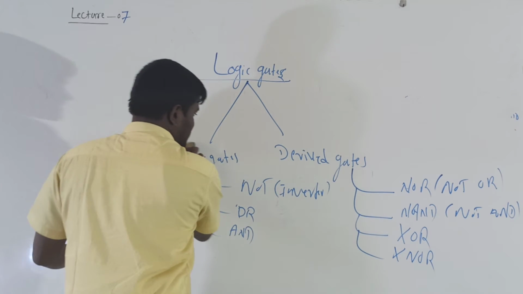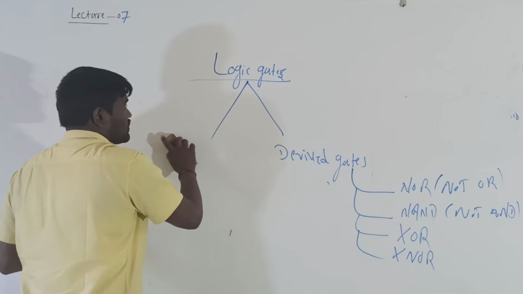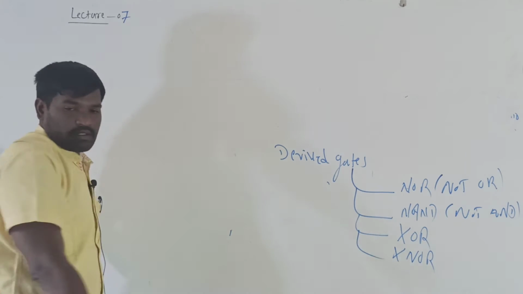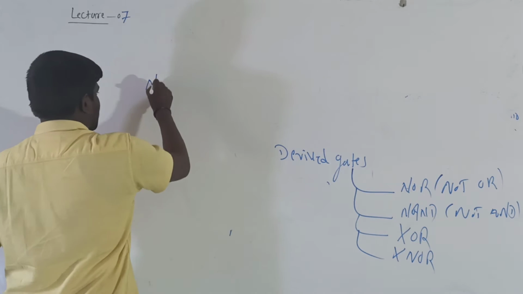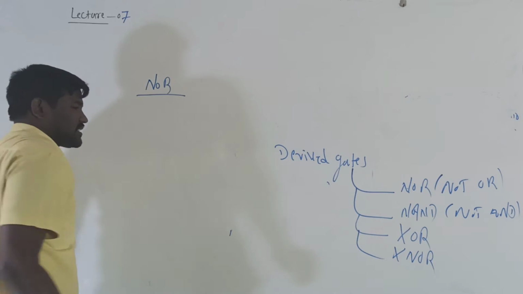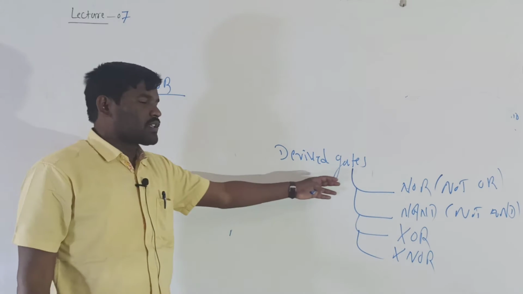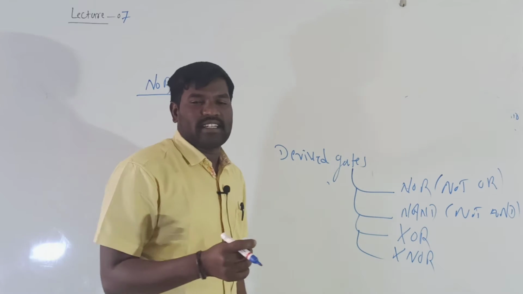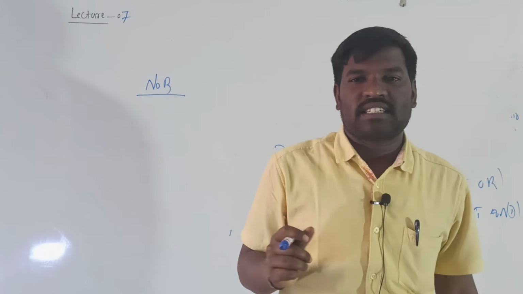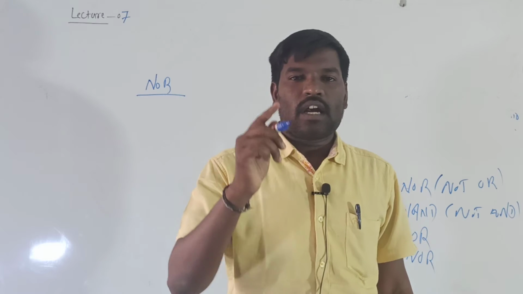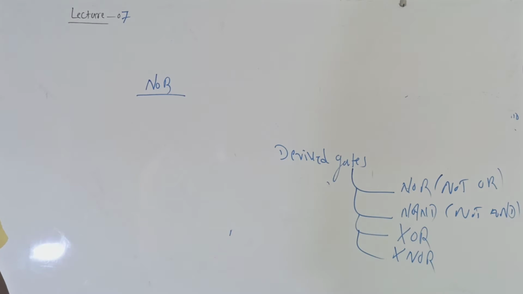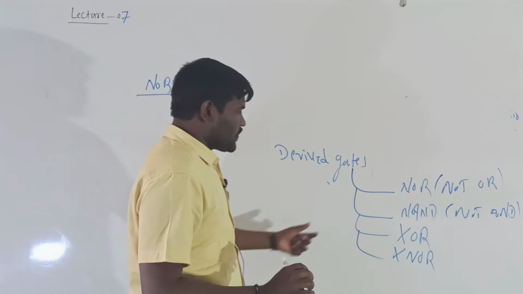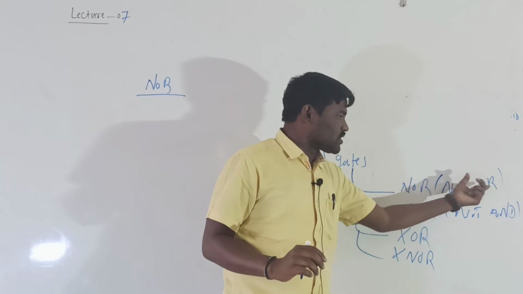Now we have to discuss the derived gates. First one is the NOR gate. Not of OR gate means it will take two or more input signals and give one output signal; that is the NOR gate. Now the circuit diagram of the NOR gate, that is not of OR.